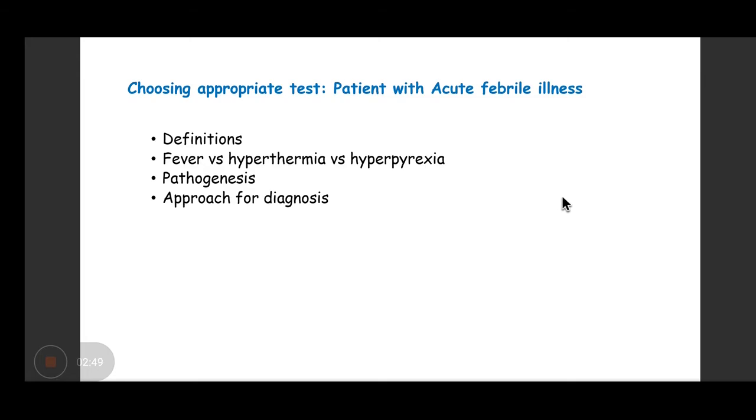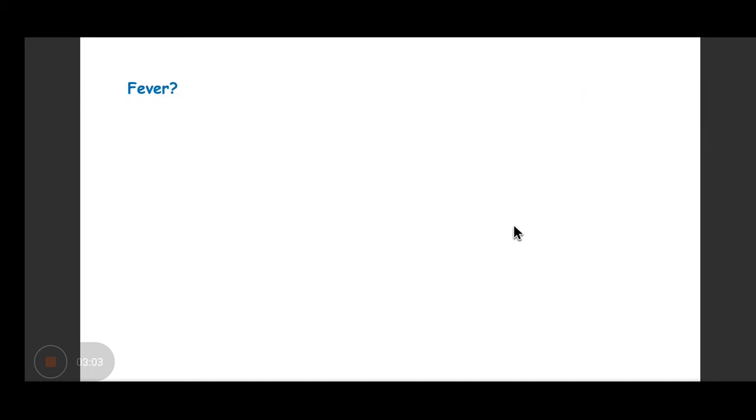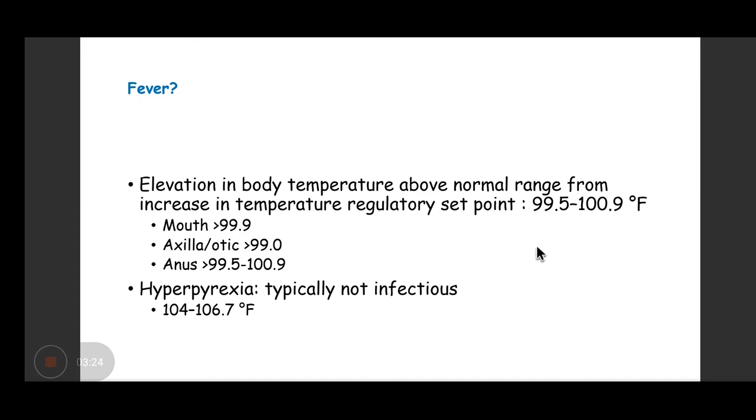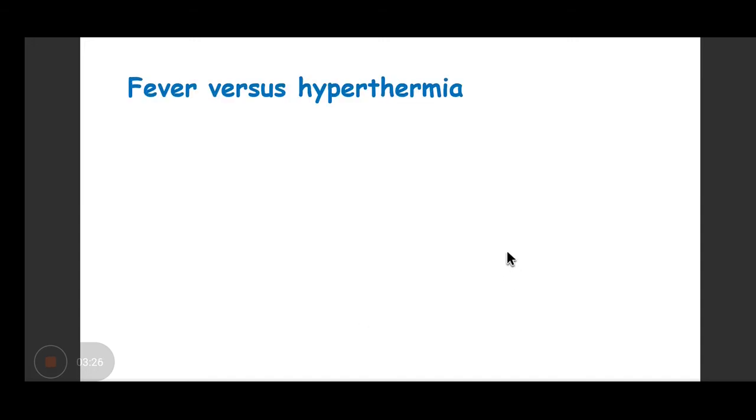So what we are going to discuss today: what is fever, hypothermia, what are the definitions, what is the pathogenesis, what are the different causes, and how to approach the diagnosis of these infections. So what is fever? Unlike turtles and geckos, we humans like to maintain our body temperature at a fixed level. We are warm-blooded. Whenever that fixed temperature is raised, we call it fever. Fever is different from hyperpyrexia or hyperthermia.